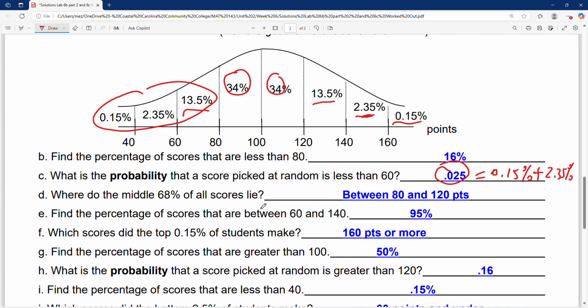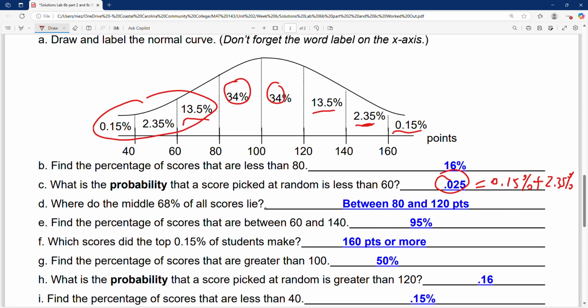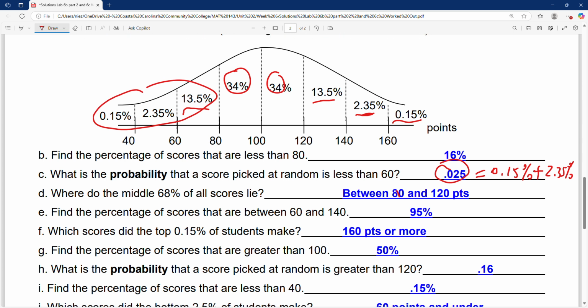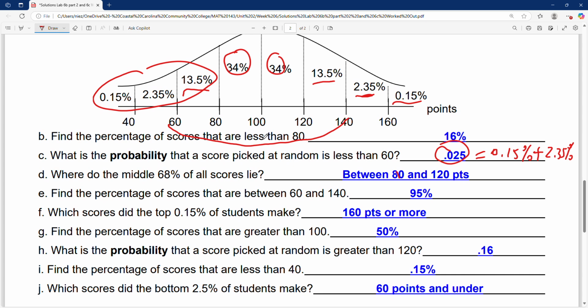The middle 68% is from 80 to 120. The percentage between 60 and 140 is the data within 2 standard deviations of the mean, so it's 95%.